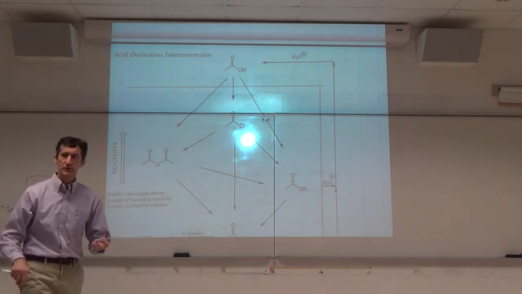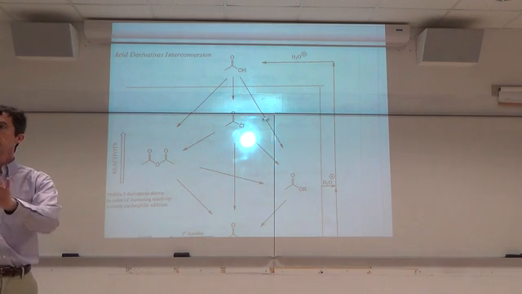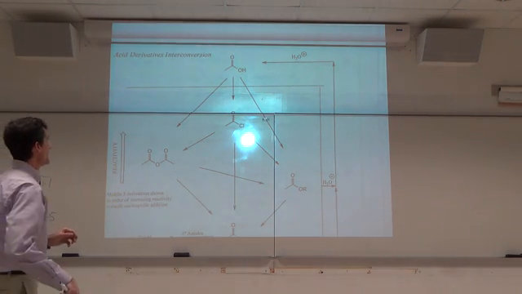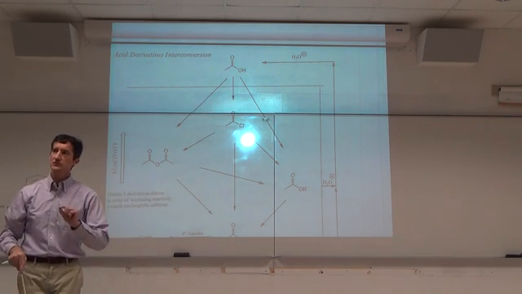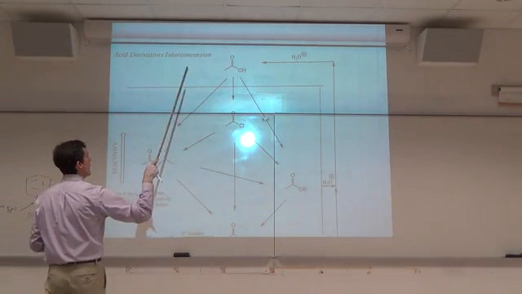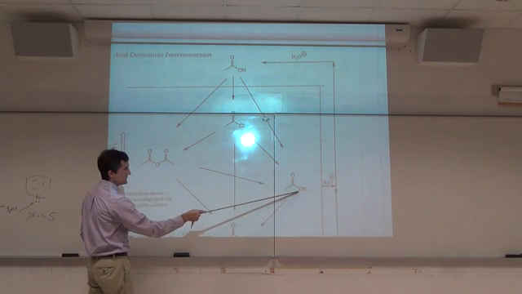All of your acid derivatives can be converted from one to another, and that's called interconversion. All right? The king of your acid derivatives is the carboxylic acid. That's why everything else is called a carboxylic acid derivative. Here's your ester.